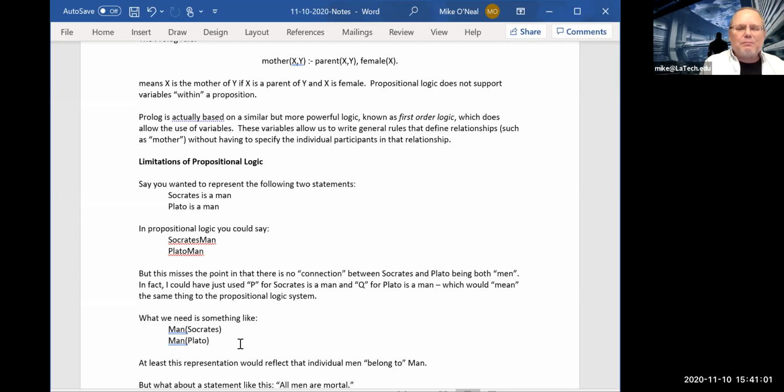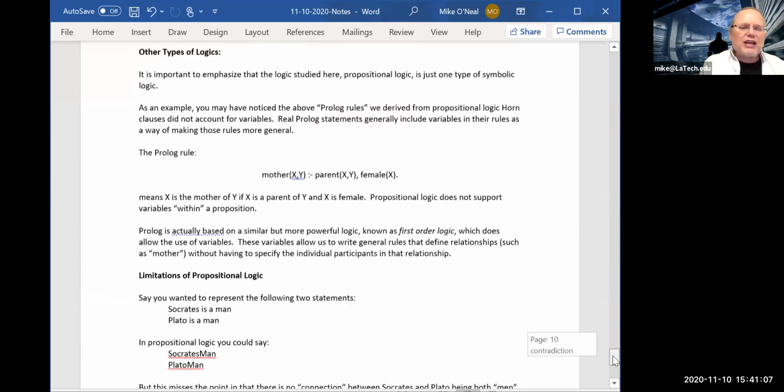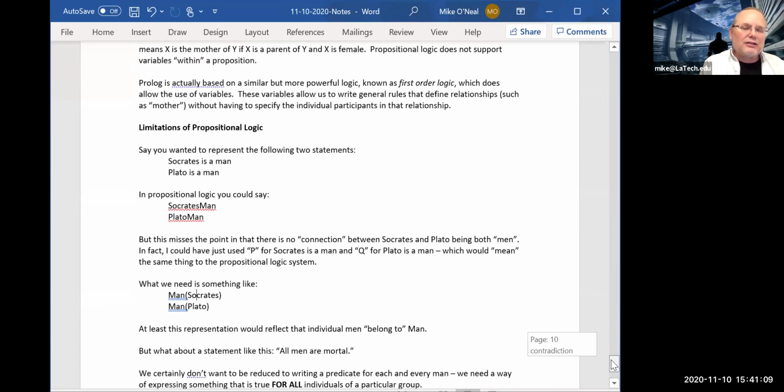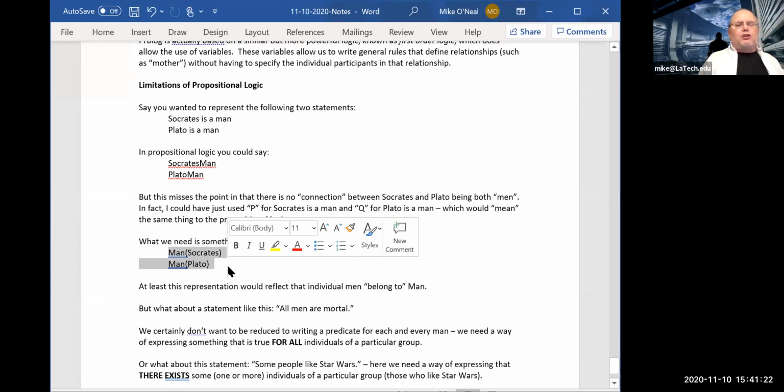And that's very, very powerful. One of the reasons why it's powerful is it lets you say things like, all men are mortal, right? I can say something about mankind. If you're a human being, if you're a man, then you're mortal. You're going to die at some point, okay?